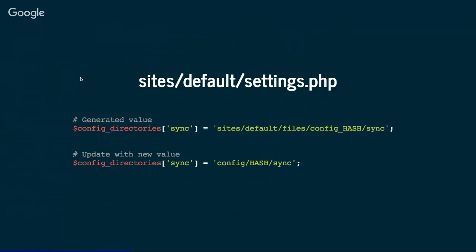In this case, I'm just moving that, instead of default files, I'm putting something like config, including the hash that was generated by Drupal, and then sync, which is the sync directory. Now all of the configuration files that we get by using config export will be there. So next time someone else exports some configuration files, we run config import, reading from there, and just import that configuration into our system.